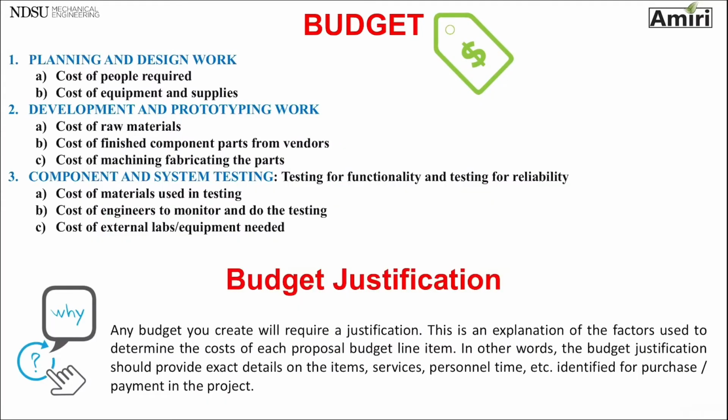What goes into your budget? There are 3 main categories that your budget and your cost of the project comes from. The first one is planning and design work, which you are doing mostly first semester, the fall semester. Any cost that goes into software, equipment, traveling to a site, anything that you need to design your work.